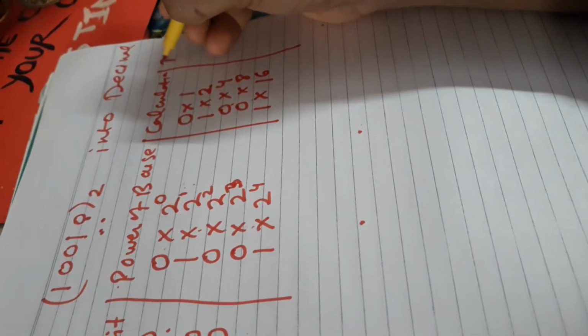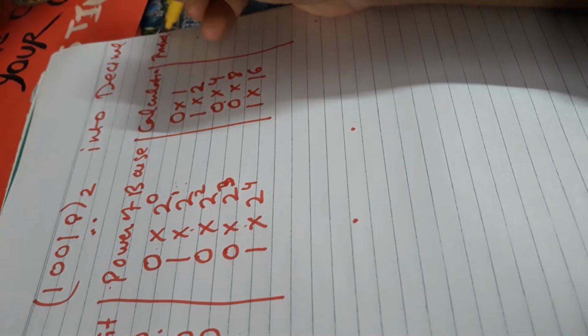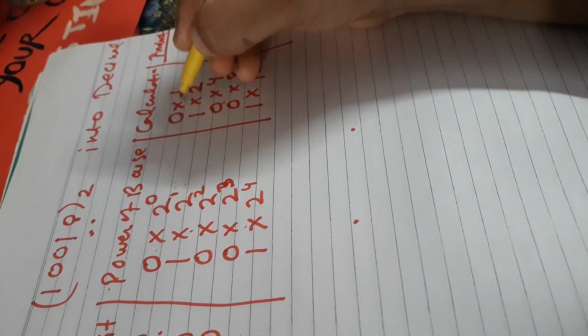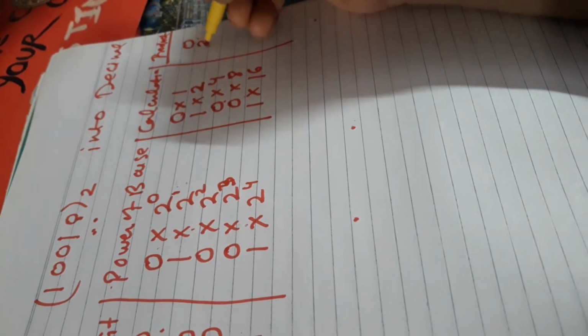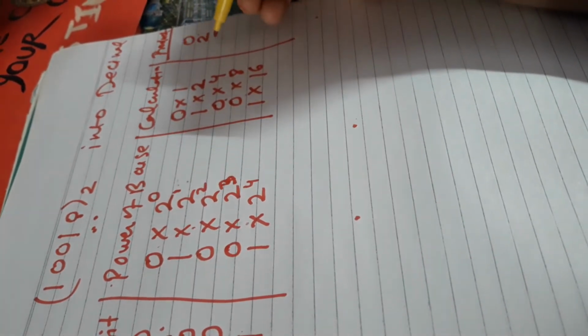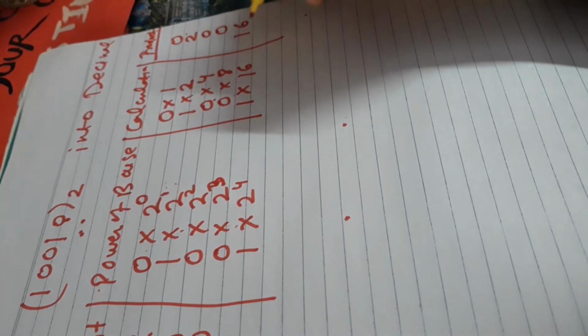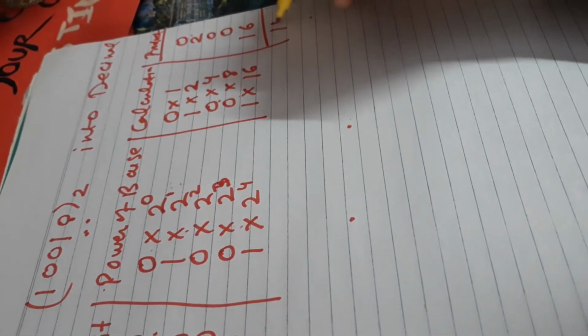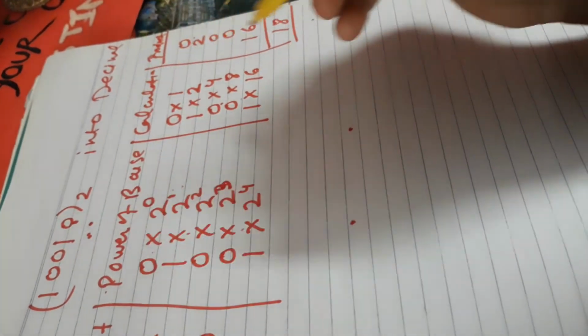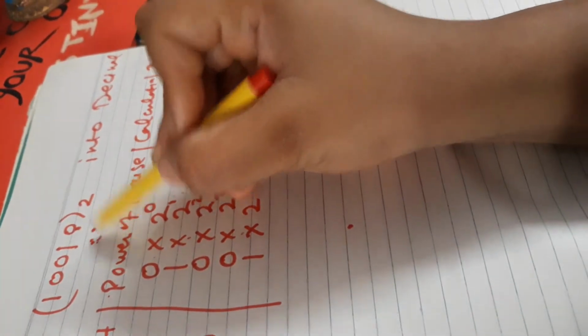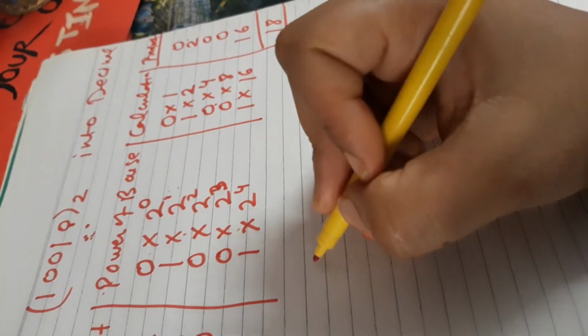Okay, now the product of this equation is 0 into 1 is 0, 2 ones are 2, 0 into 4 is 0, 0 into 8 is 0, 16. So this is 18. So the value of this binary number is 18 in decimal form.